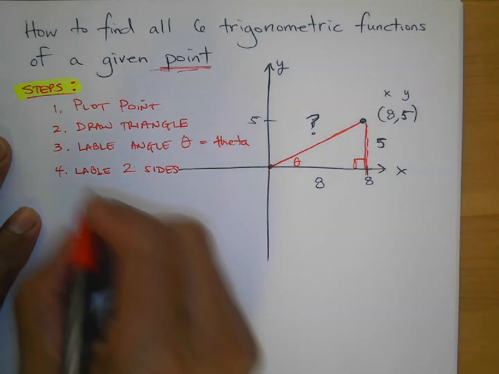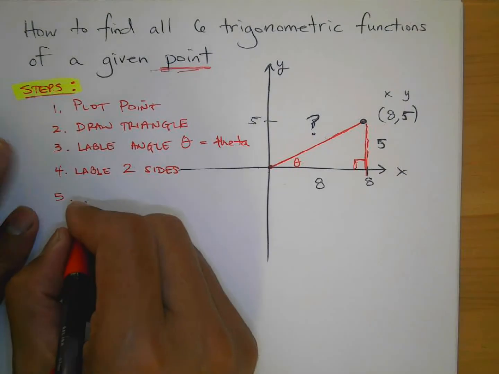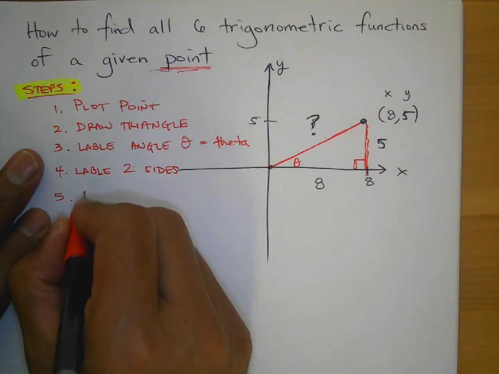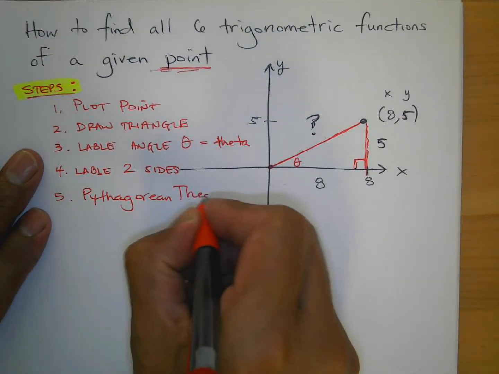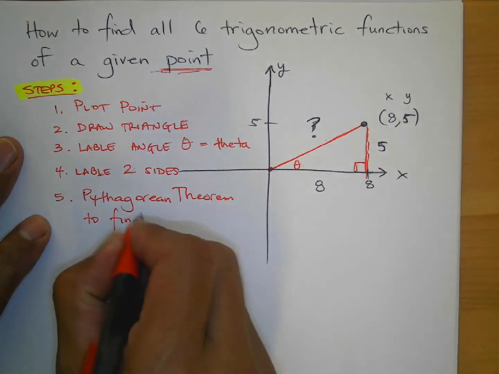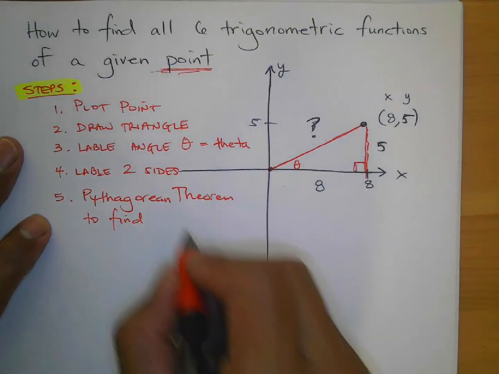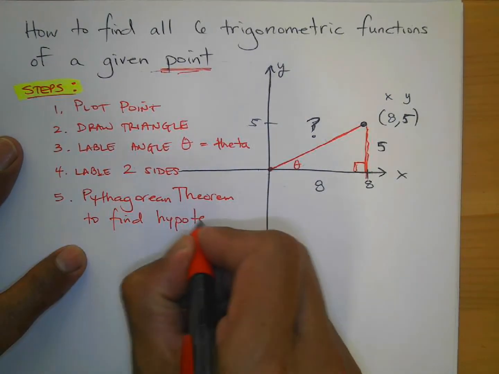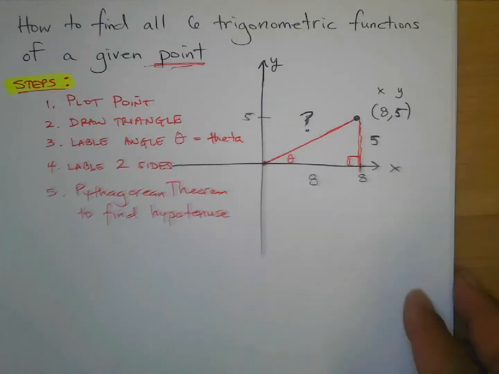And then you're going to obviously, like I said here, step 5, use the Pythagorean theorem to find, well, obviously, if this is x and y, the one that you're always going to find is the hypotenuse, right? Okay, we got that? Okay, so that's not really new. But what I did wanted to show you is this.